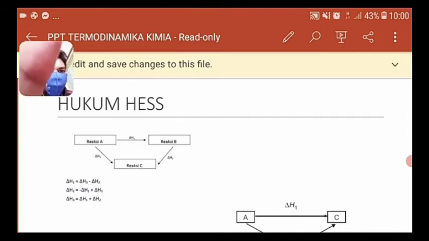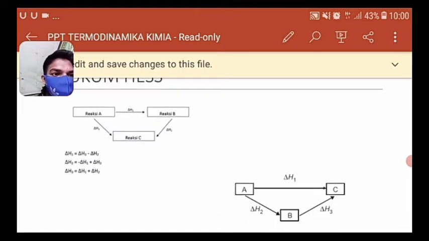From the picture here, you can see reaction A goes to reaction B, reaction B goes to reaction C, and reaction C goes to reaction A again. This is like a cycle. You can see delta H 1, 2, and 3 in this picture, very clear, right?